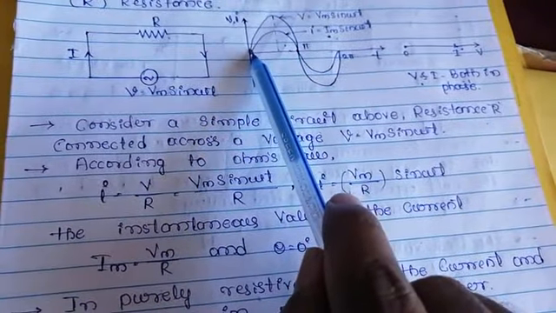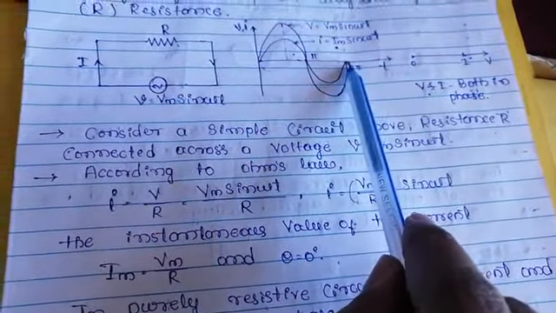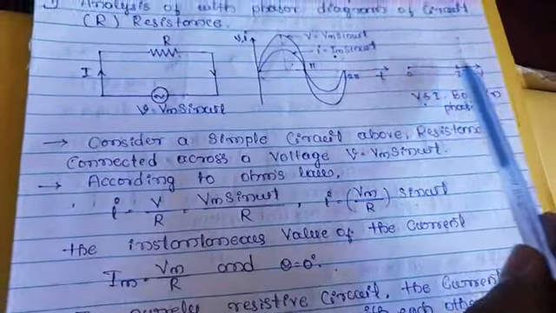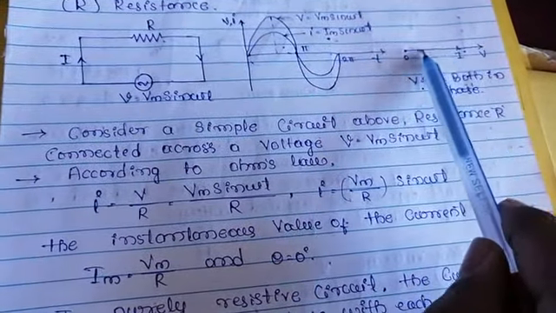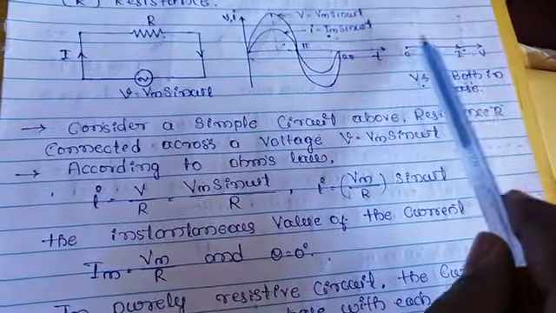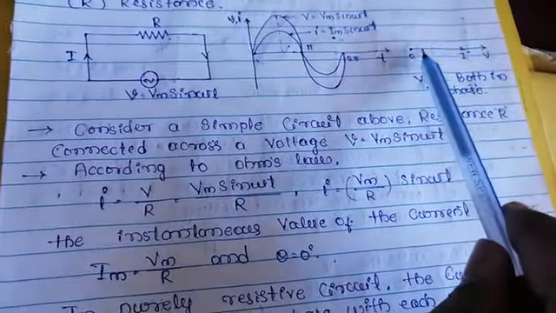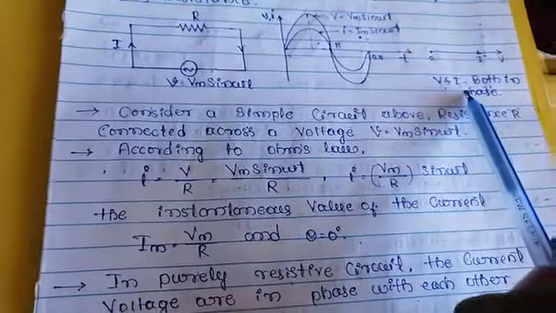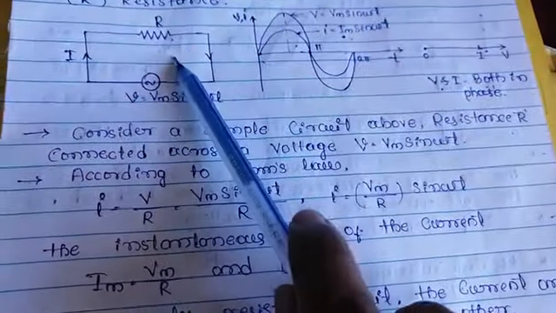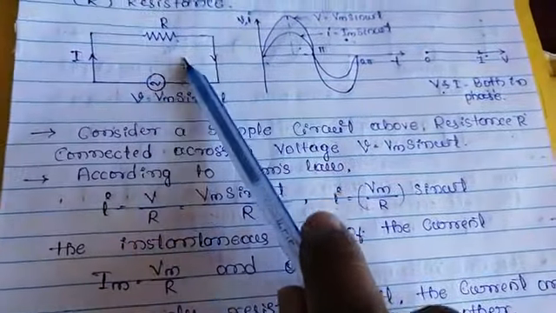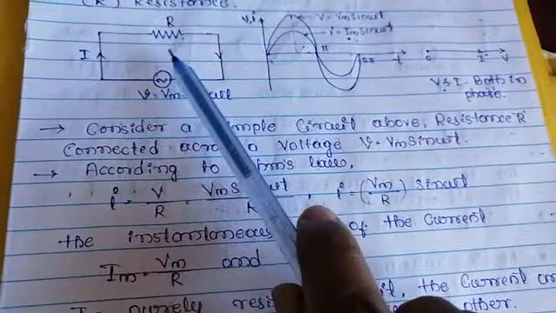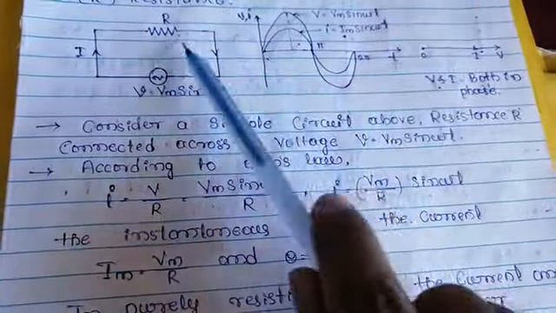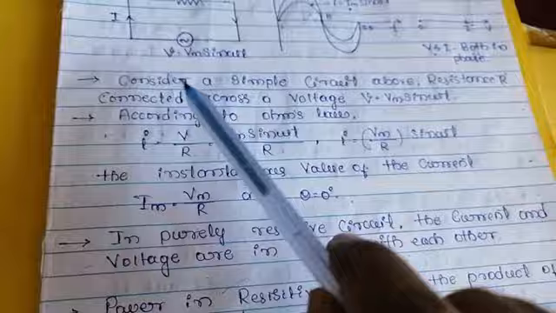Here current is minimum and voltage is also minimum. In the vector diagram, voltage and current are in the same line, in phase. In a resistive circuit, current and voltage are in the same phase. The phase angle is 0 degrees.